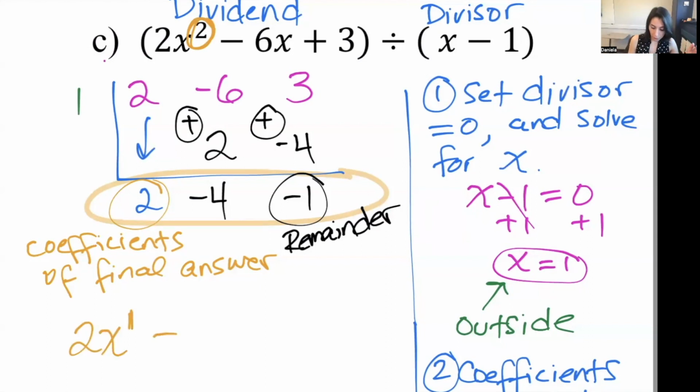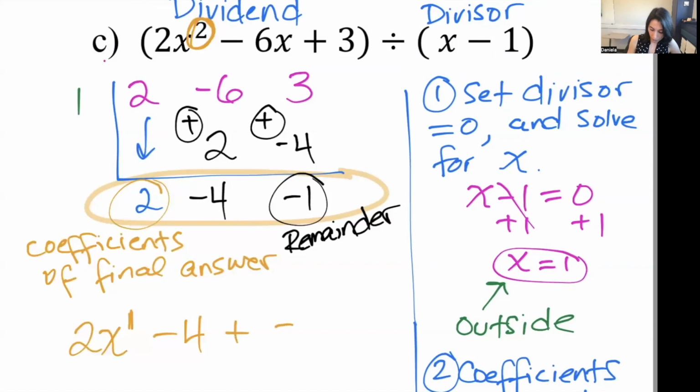So then -4, in descending order, would technically be x to the 0 power, which is 1. So you don't ever need that. And then once you are done, you've reached that 0 exponent, like I was talking about here. Then you're going to put that remainder over the divisor.